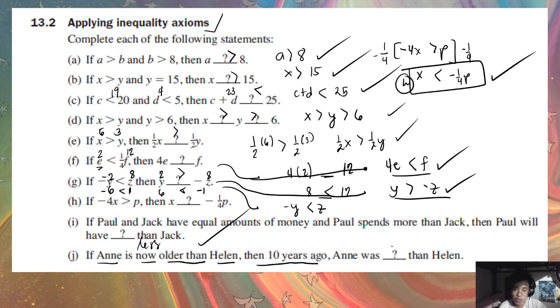You can't turn back time. So that would mean if Anne is now older than Helen, then 10 years ago, Anne was older than Helen. Because you cannot turn back time, Helen could not be younger than Anne was 10 years ago. Okay, so that's for that one.